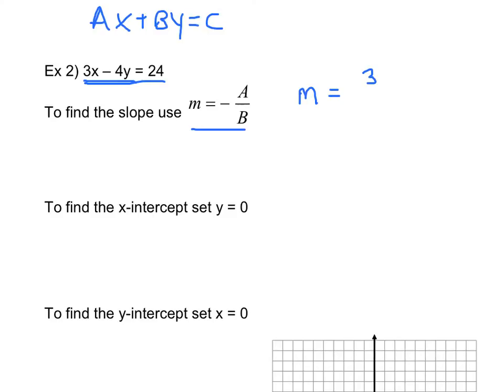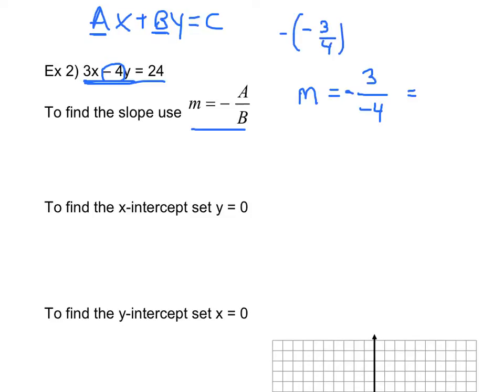So a is the coefficient that goes with the x, so that goes on top. And then on the bottom we have b. Well, b is a -4. And remember, you have a negative sign in front.